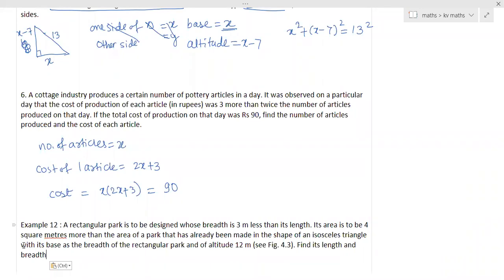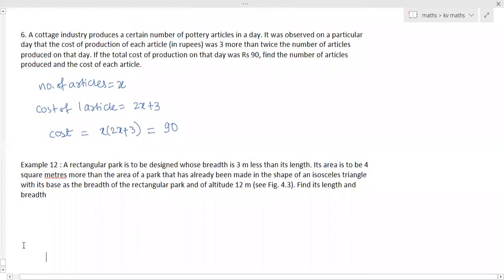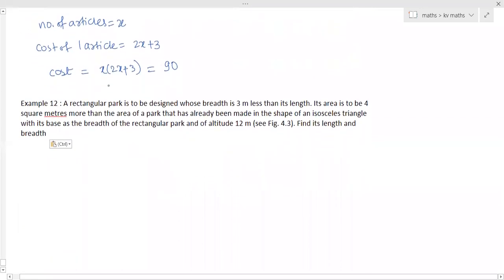So first it is a rectangular park whose breadth is 3 less than length. So we'll consider length as x meters. So what is the breadth then? x minus 3. So length is x and this is x minus 3 meters.